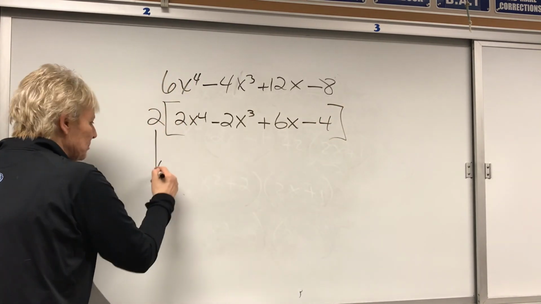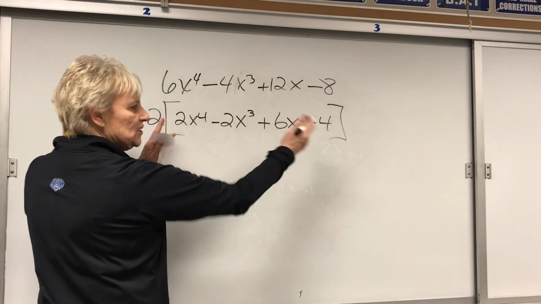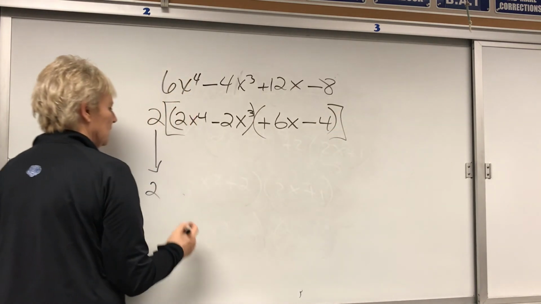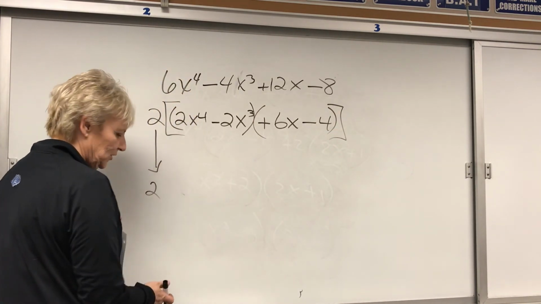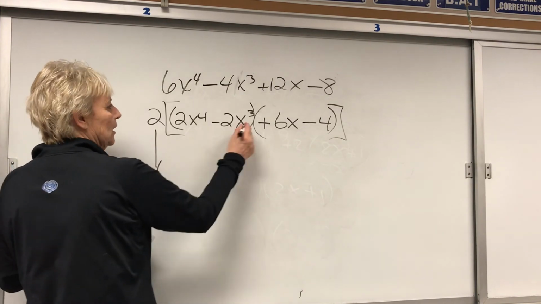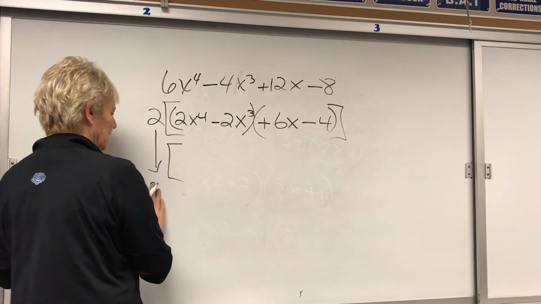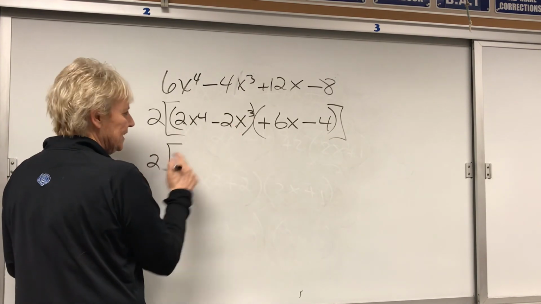Now you're just going to keep bringing that 2 down until the end. Let's just work inside the bracket. Group it, group it. Okay, just remember that 2's there. Some kids like to drop it until the end, but then they forget about it. Greatest common factor here is, I'm going to put the 2 right there so I don't forget it exists. You don't need it till the end.